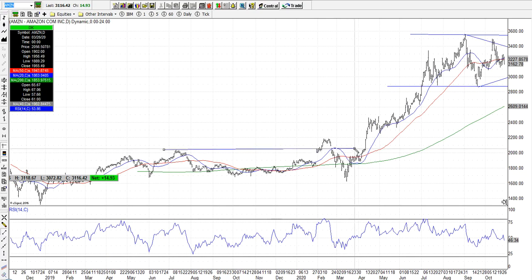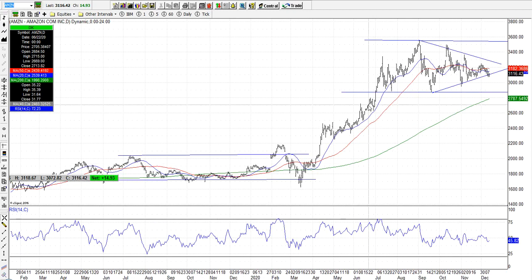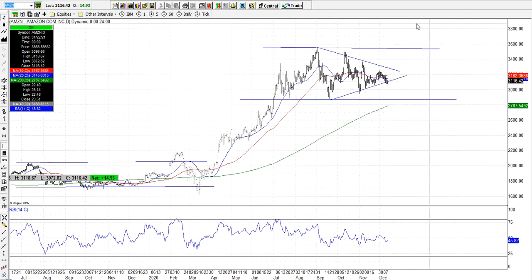Amazon was sort of in this channel right here. Now, a channel is just an area where a stock keeps bouncing from the top to the bottom, moving along here, and then finally it will either move convincingly below or convincingly above, and finally Amazon moved up, and now it's in this other new channel.